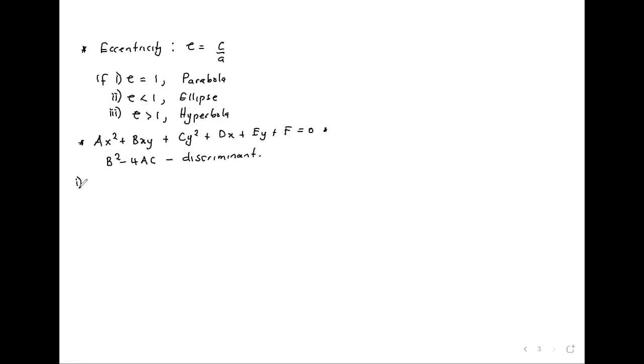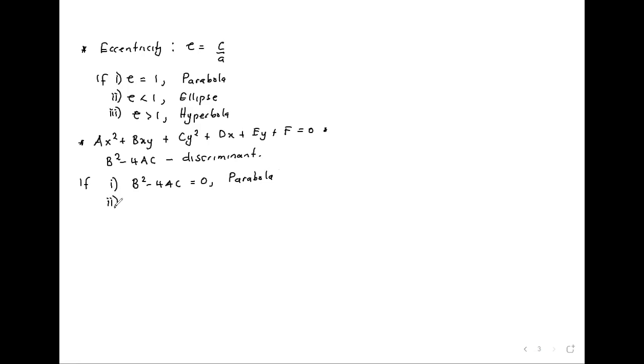So we say one, if b squared minus 4ac is equal to 0, then we'll have the parabola.